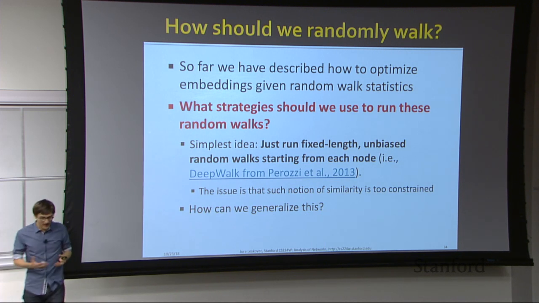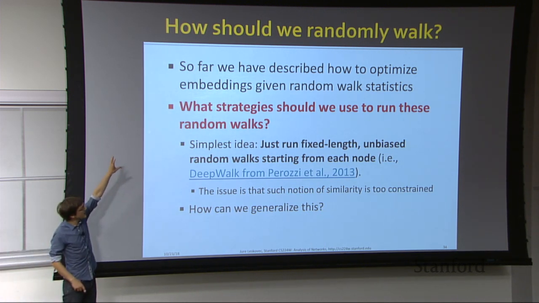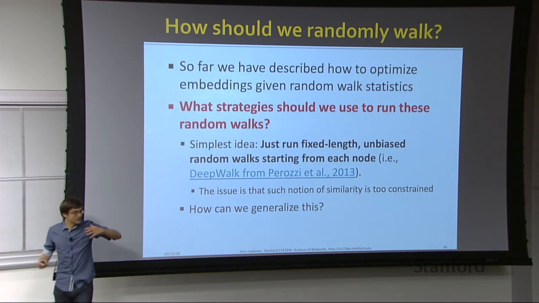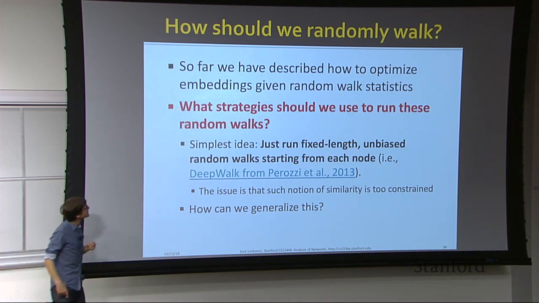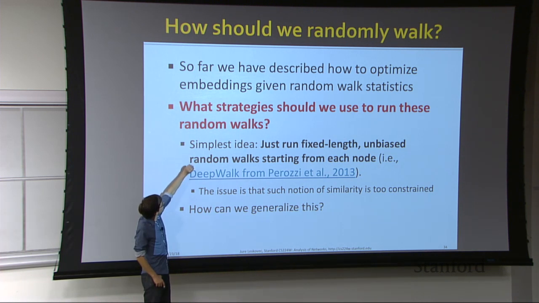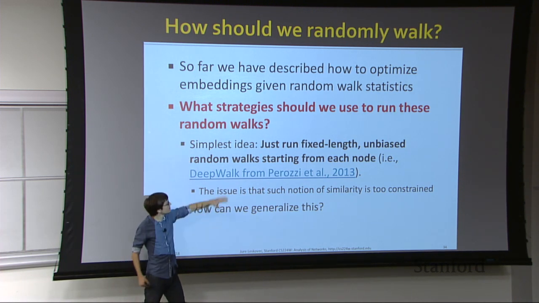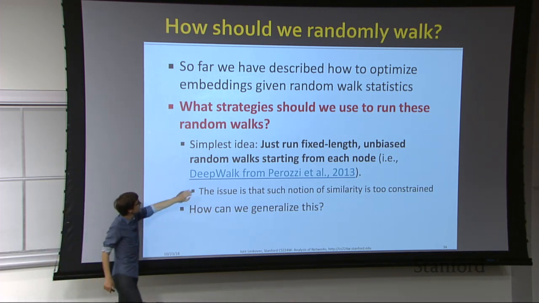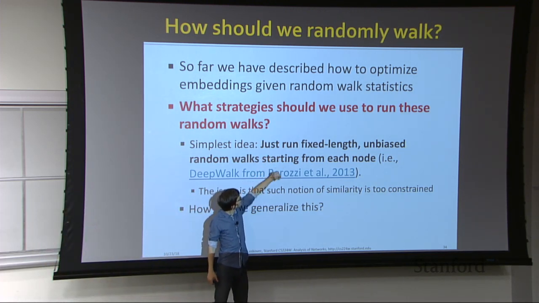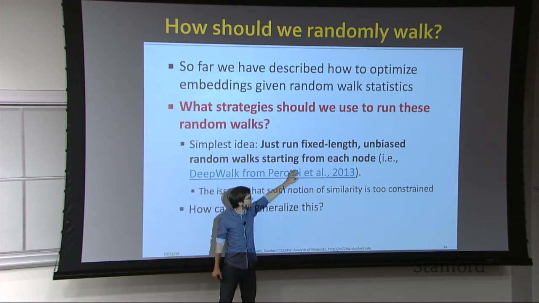Now, what I talked about so far is how to optimize embeddings given the random walk statistics. Now, the question becomes, what strategy should I use to generate these random walks? One idea is just run a fixed length, unbiased random walk starting from each node.